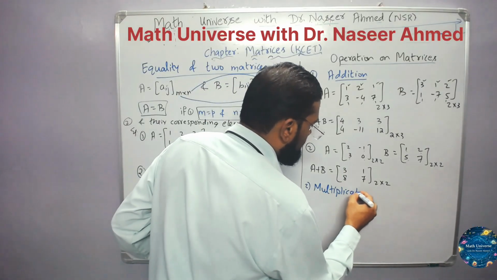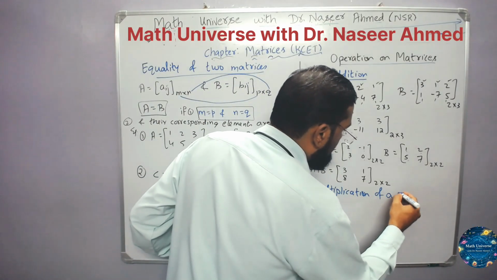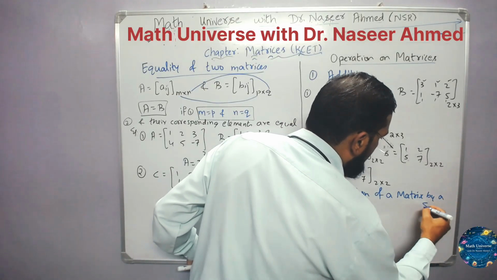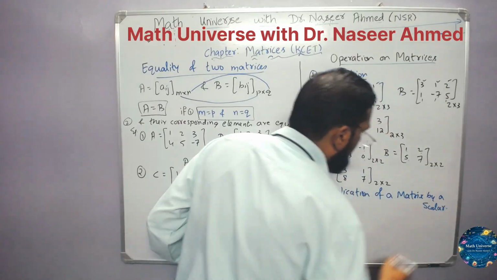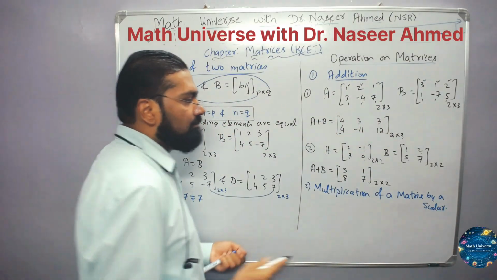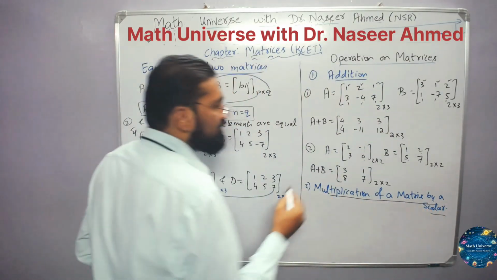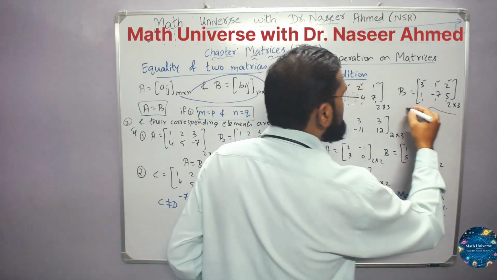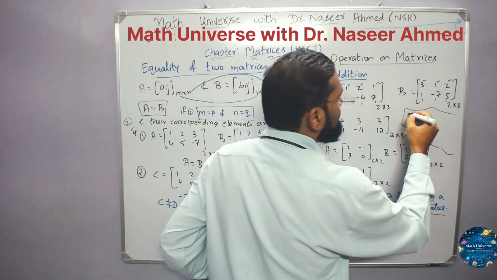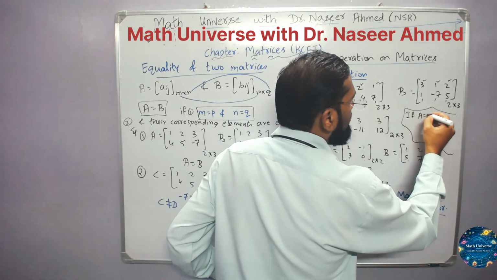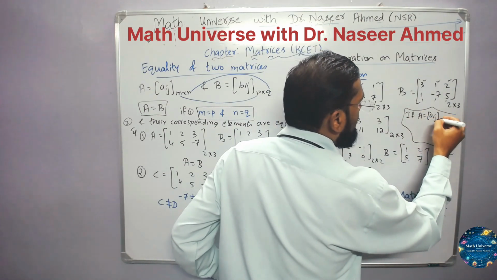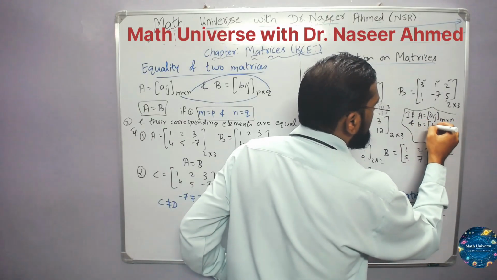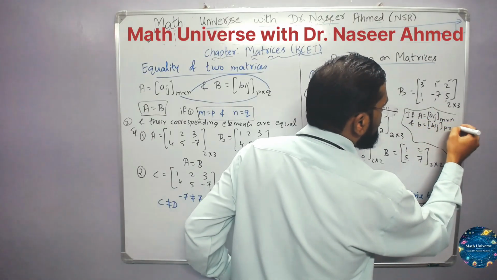Multiplication of a matrix by a scalar. We are multiplying a matrix by a number, by a scalar. Here also, just comment in general that if we have got a matrix A, small a ij of order m cross n, and B is a matrix b ij of order p cross q.